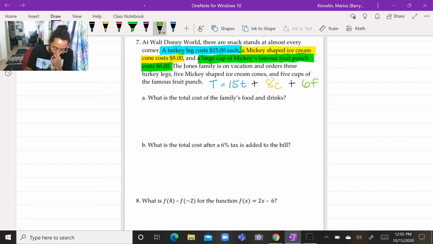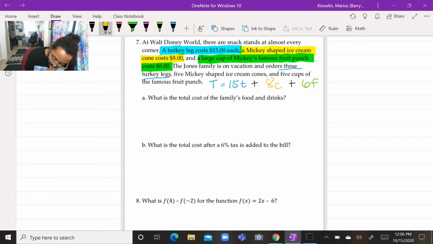Now, the last sentence of this paragraph tells us what they ordered. Let me underline these in coordinating colors. 3 turkey legs in blue.